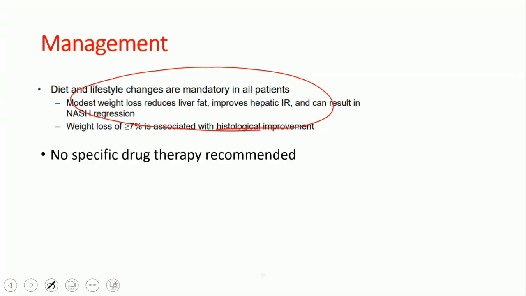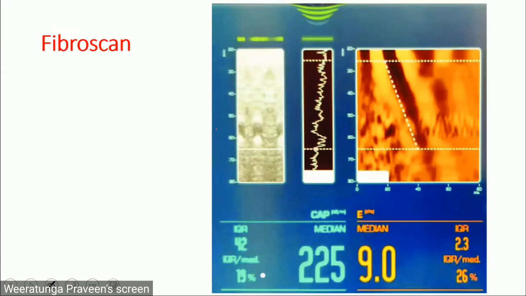There are lots of drugs in clinical trials, but none of them have been shown to have a significant benefit in mortality or outcome. But what is clear, everybody agrees that weight reduction, obesity reduction, has a clear outcome benefit and a histopathological improvement.